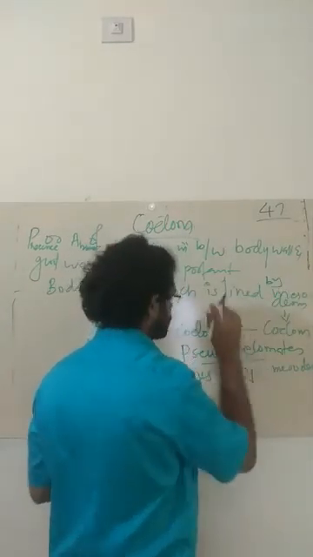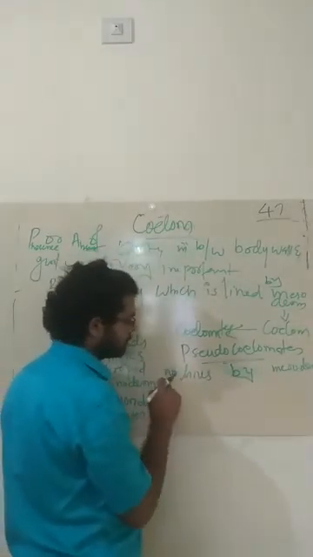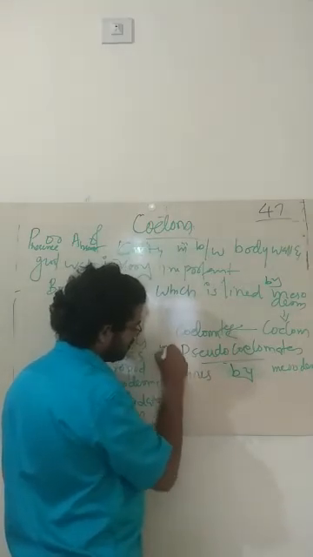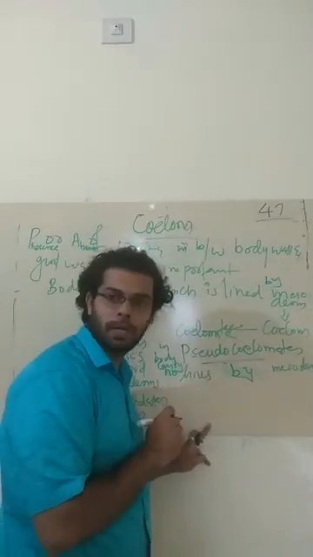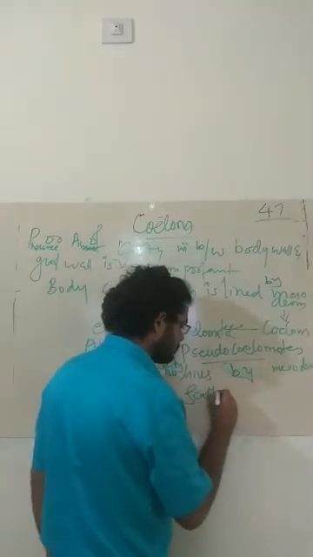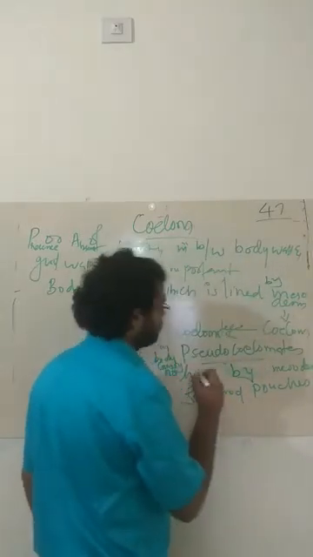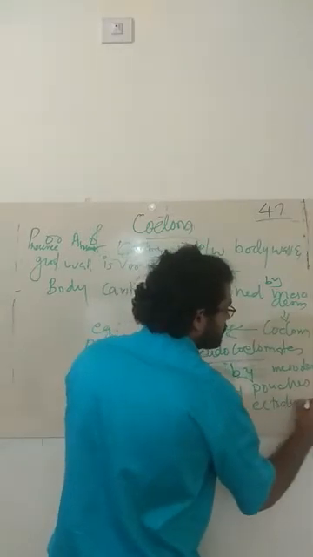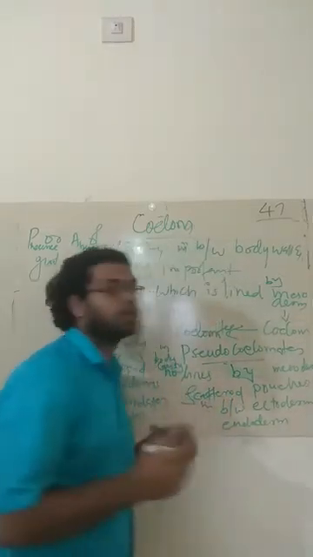Body cavity is lined by mesoderm in coelomates, and here the body cavity is not. Instead, the mesoderm is present as scattered pouches in between the ectoderm and endoderm. Okay, this is known as the pseudocoelomates.